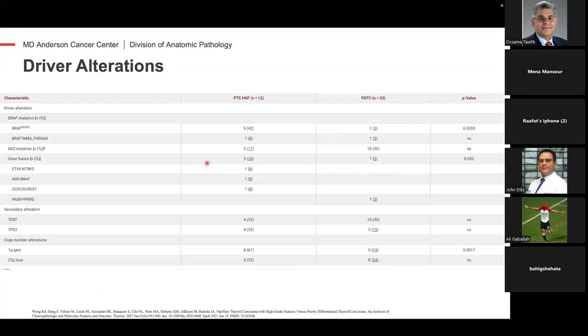And the alterations here, when they're arising from a PTC with high-grade features, they usually have BRAF mutations. Sometimes they have RAS mutations if you have a follicular lesion. Poorly differentiated thyroid carcinomas usually have RAS mutations. Okay.